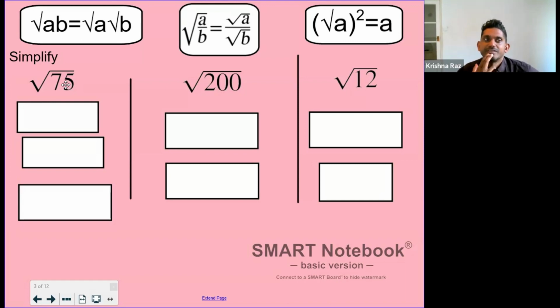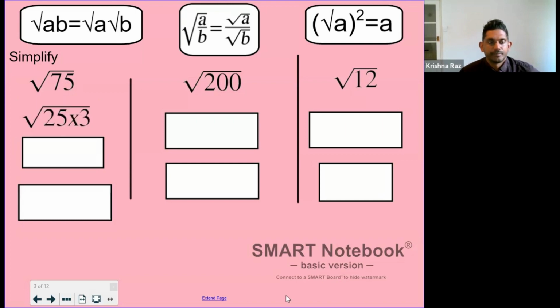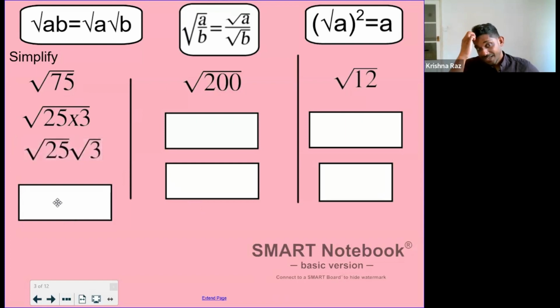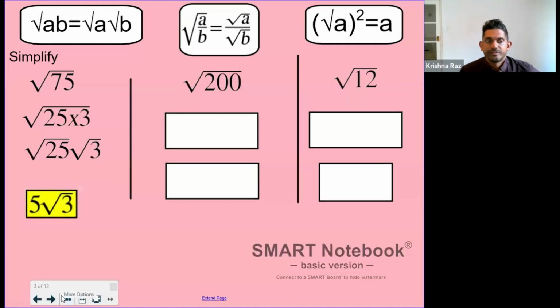If I look at 75, that is 15 times 5, but it is also 25 times 3. So the first thing I'm going to do is break that up as root 25 root 3. Yeah, so it's the square root of 25 times 3, which is the same as root 25 root 3. And we can simplify root 25, we can't simplify root 3. So we're left with 5 root 3.